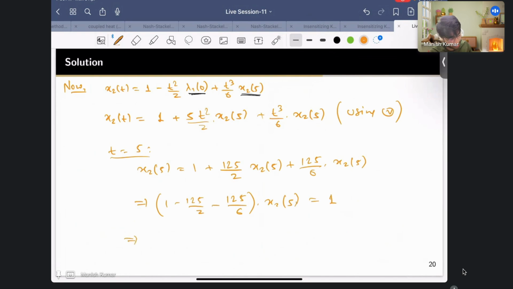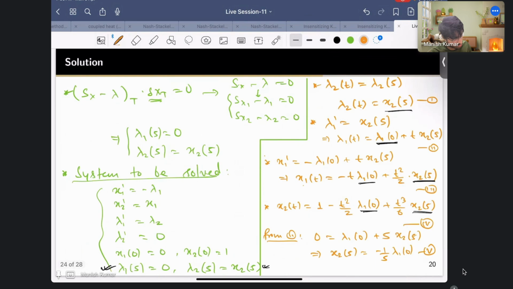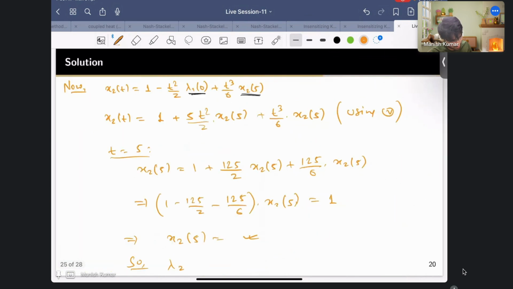So clearly from here you get the value of x2 at 5. You got the value of x2 at 5 now, and so lambda 1 0 is minus 5 times x2 at 5. So you got this as well.